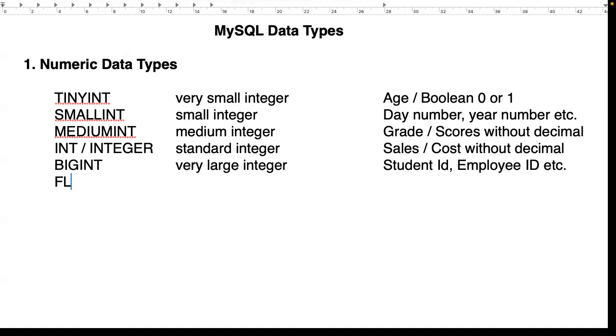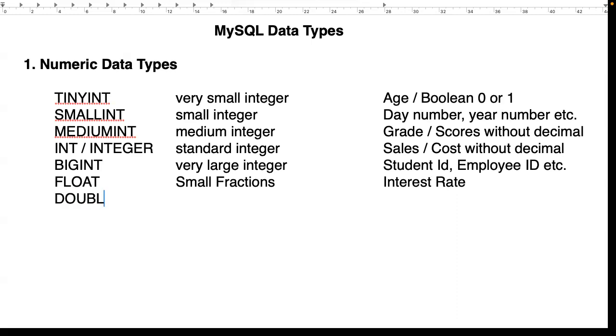Then we have a float. You know float? Small fractions. You can store small fractions. So some like interest rate, all such things you can put. So interest rate-like concepts you can put in a float.